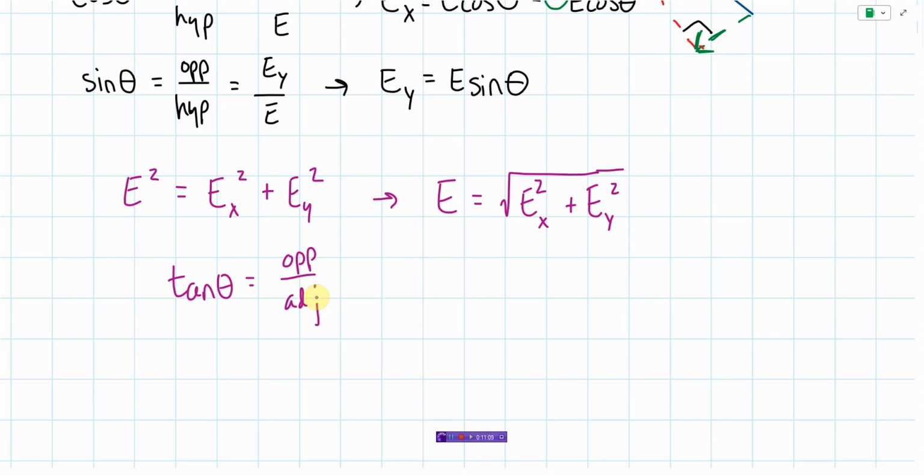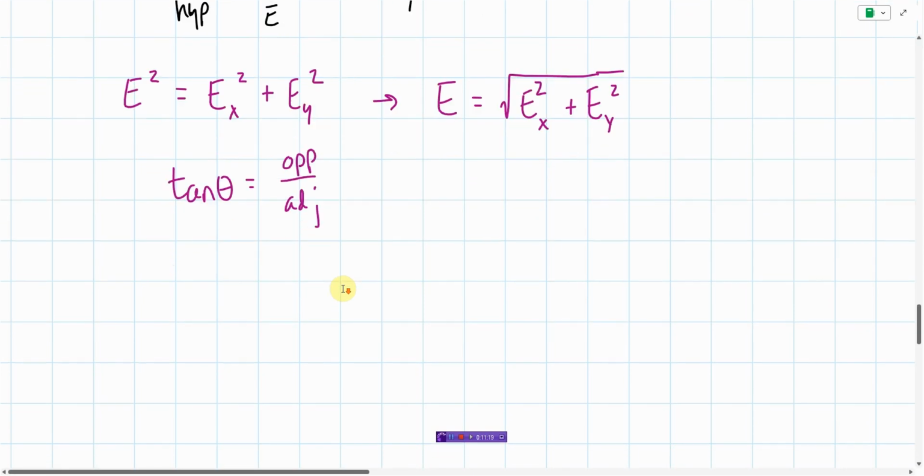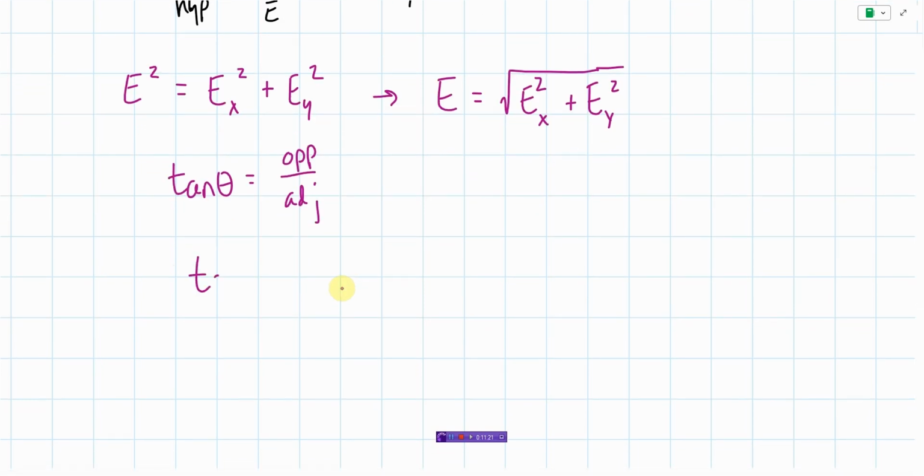We tend to use this one because if we're asked to find this angle, we're usually being given the X and Y components. So in this triangle, I would make the triangle first, look at it, and say, okay, my opposite side, that's EY over EX. And then I take the inverse tangent of both sides.